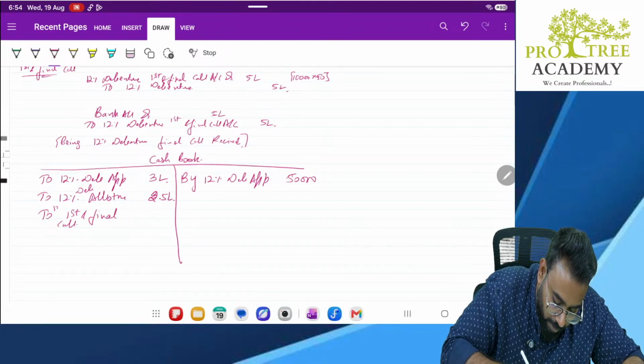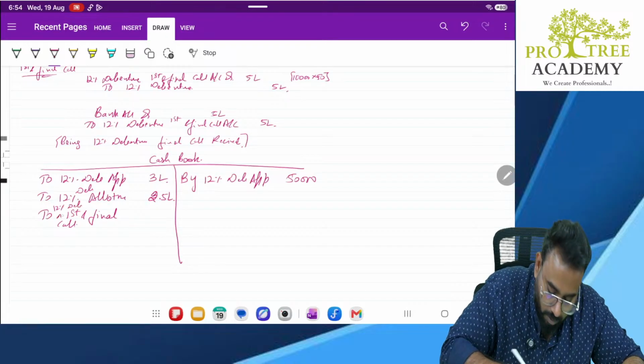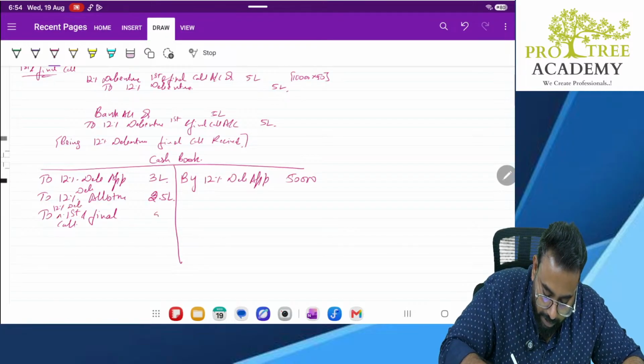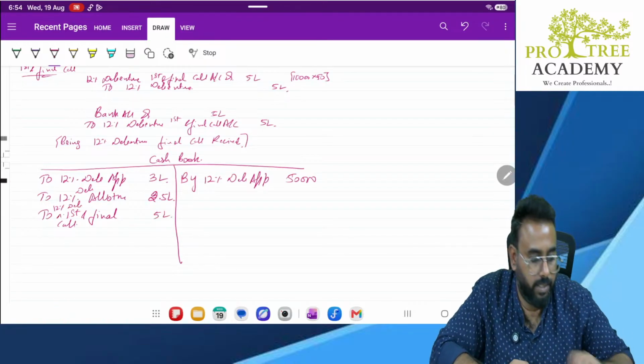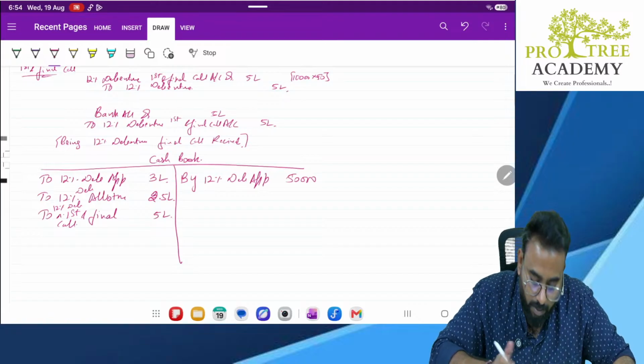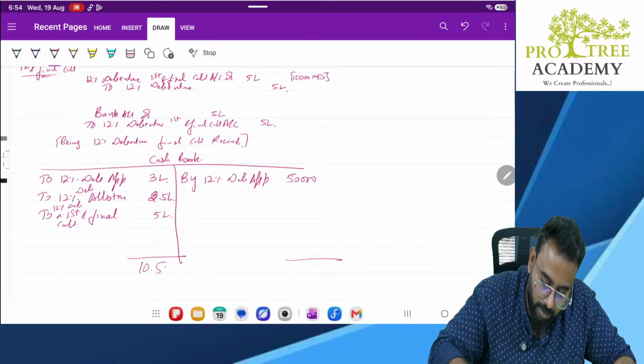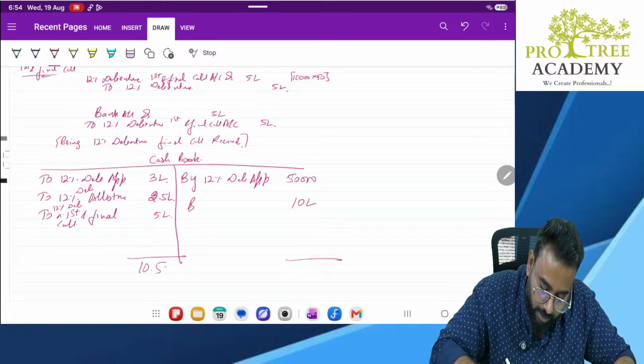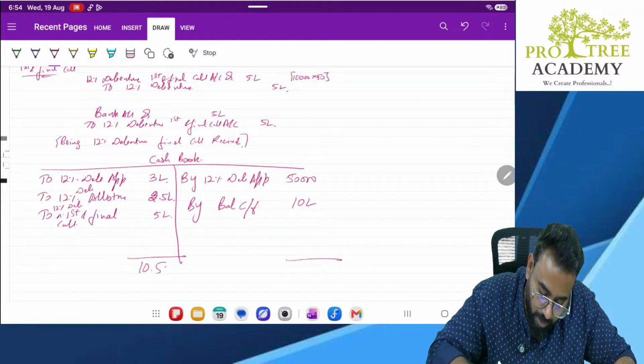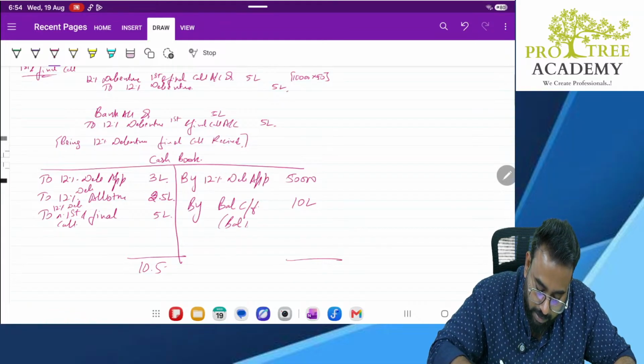Of course, 12% debentures I missed, you write on. That will be 5 lakhs. That's it. So close this: 7.5, 10.5. 10 lakhs is the balancing figure, carried down or carried forward, whatever it is.